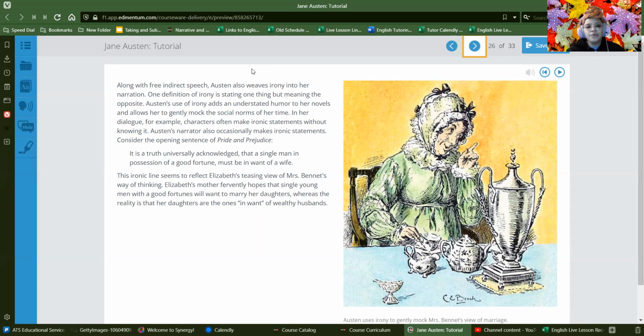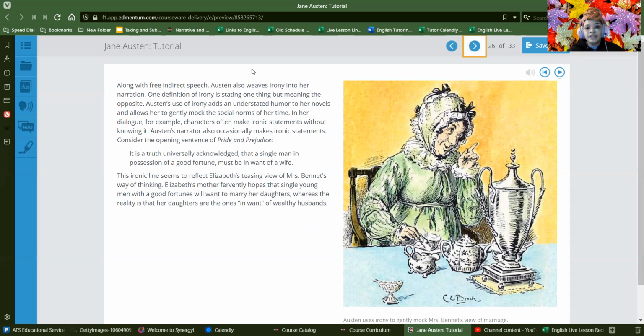So, for example, they quote the opening sentence of Pride and Prejudice: "It is a truth universally acknowledged that a single man in possession of a good fortune must be in want of a wife." The reason why this is ironic is because it's basically teasing Elizabeth's mom's way of thinking.